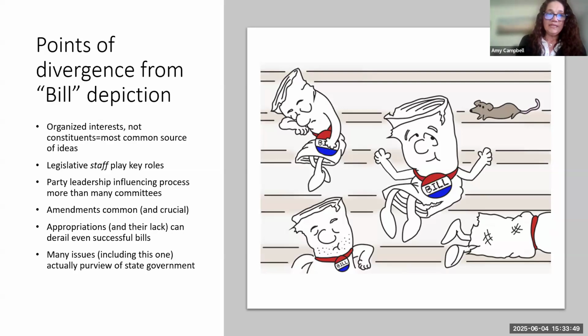Party leadership can be devastating on a bill. Medicaid expansion is the perfect example. For some reason, because the Affordable Care Act passed under the Obama administration, Medicaid expansion just became a Republican thing.